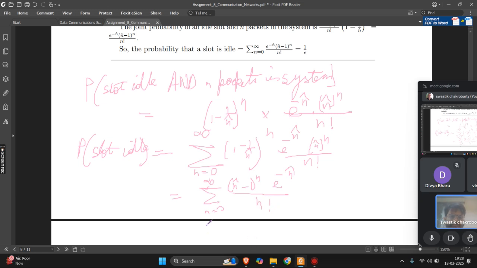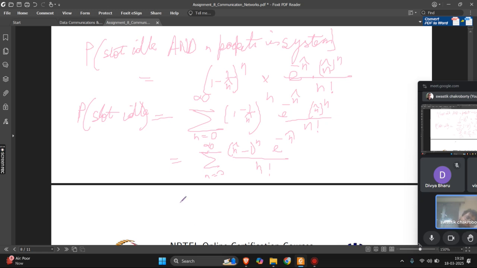Now let's take e to the power minus n hat out of this equation. So this becomes summation n equal to 0 to infinity, n hat minus 1 to the power n by n factorial. Now this summation x to the power n by n factorial, what is this?